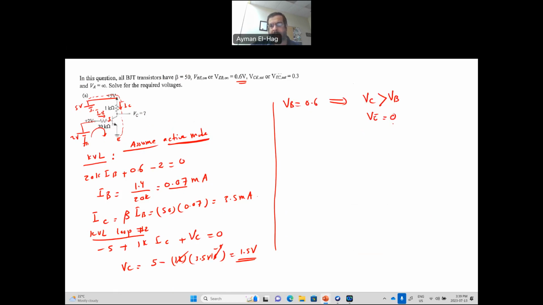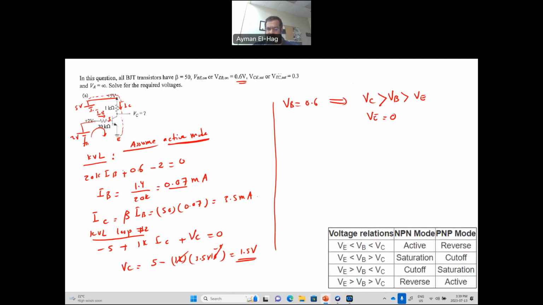So my VC is greater than VB and greater than VE. Let's see which mode this is. This is an NPN transistor, with VC more than VB more than VE. It's an active mode, and this is what we assumed. So the question is done. That's how we approach the BJT bias question.